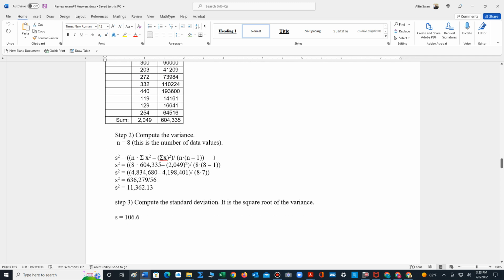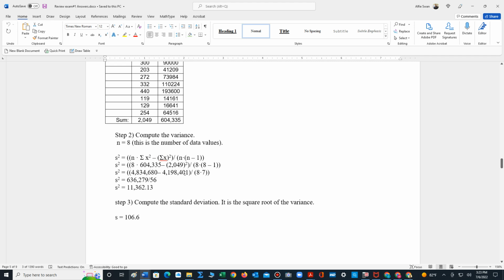And we plug this into our variance formula. The variance formula is n times the sum of the x squared column minus the sum of the x column squared, divided by n times n minus 1. Well, that's going to be 8 times 604,335 minus 2,049 squared, all divided by 8 times 8 minus 1.